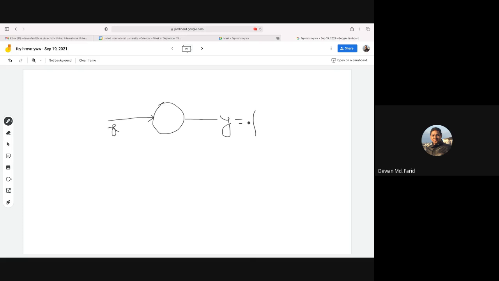Is it clear? Yes, sir. These are very common things we already discussed in our previous classes. So this is the function of x. That basically tells us we have a two-dimensional space.